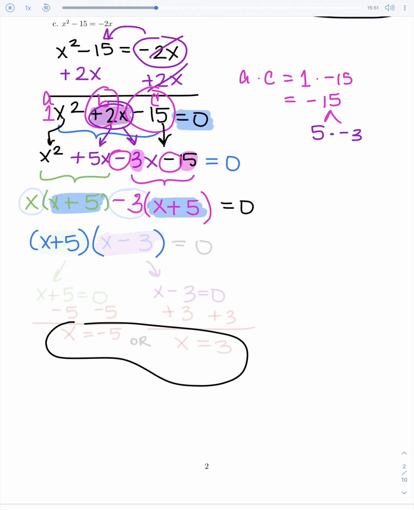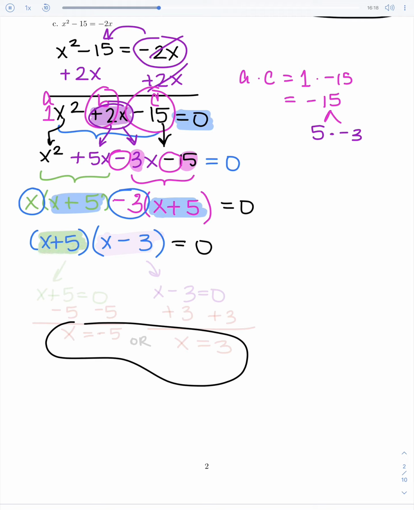And then our leftovers will go inside of another set of parentheses. The leftovers are the x minus 3. And we still equal 0. Don't want to lose that this is an equation and we actually need solutions. Once it's factored like this and equals 0, then we can talk about breaking this down a little bit more by setting each piece equal to 0.